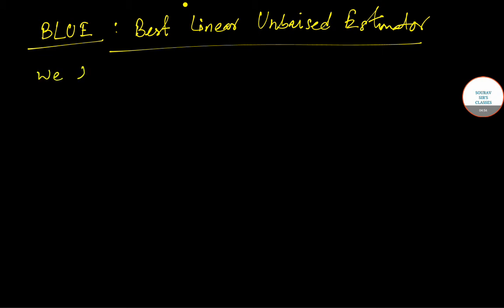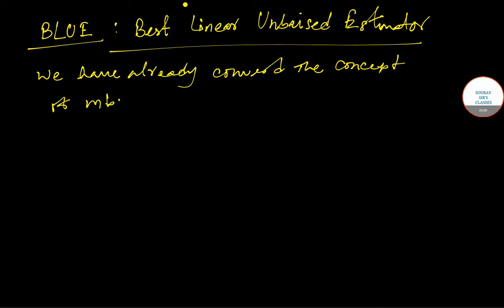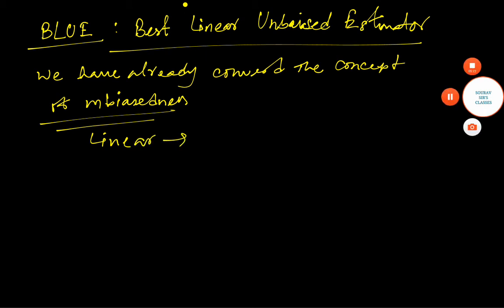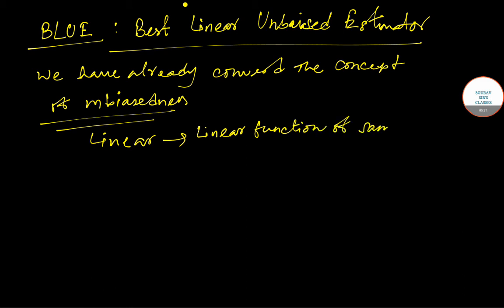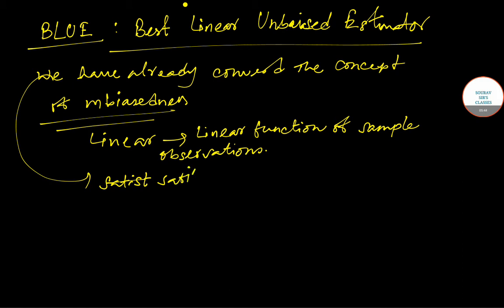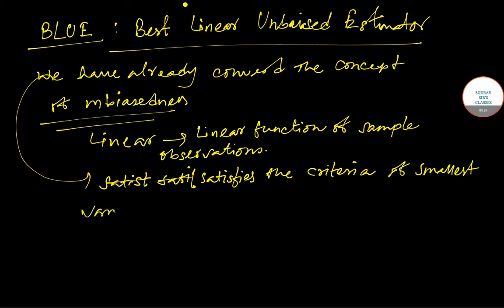We have already covered the concept of unbiasedness, and by linear we mean a linear function of sample observations, and these also satisfy the criteria of smallest variance.